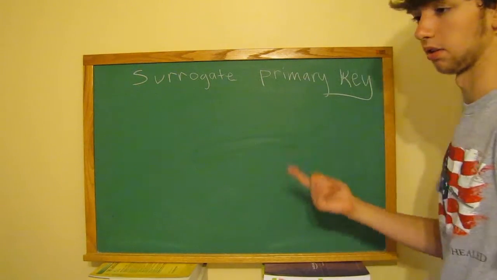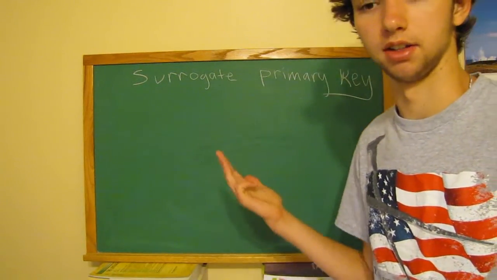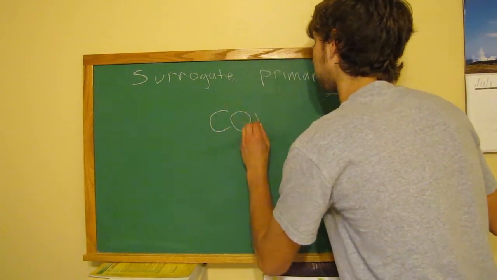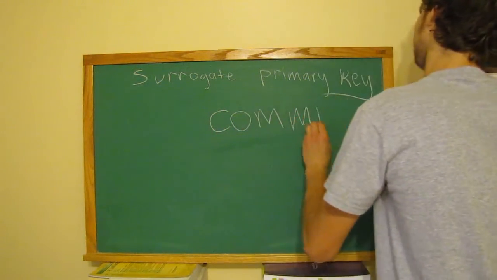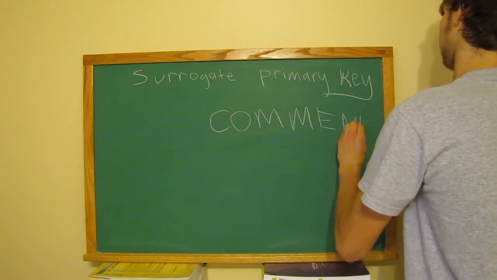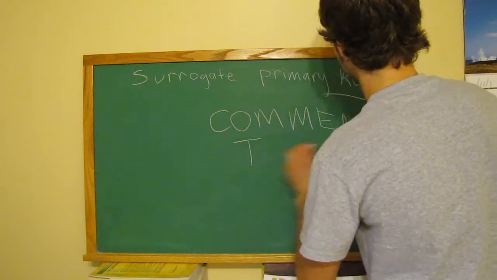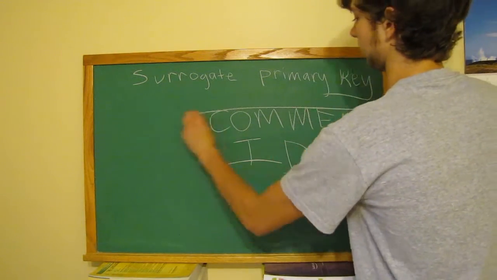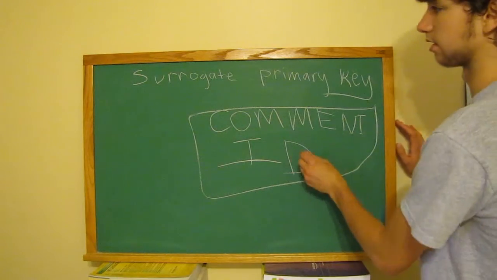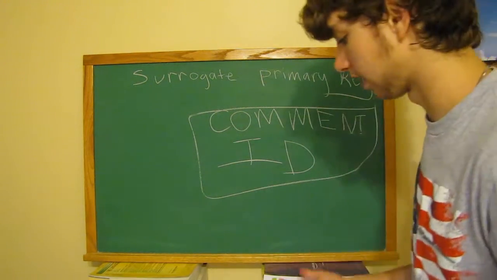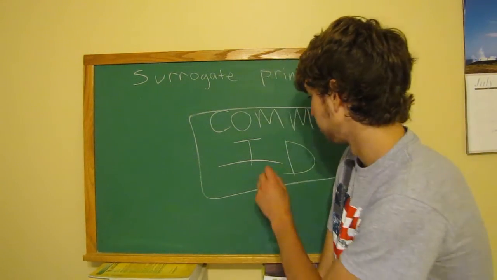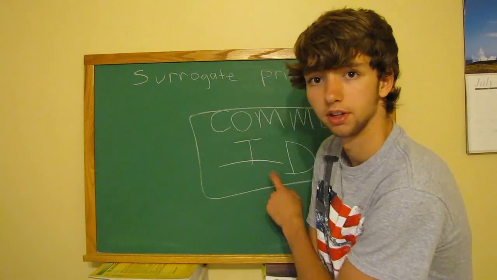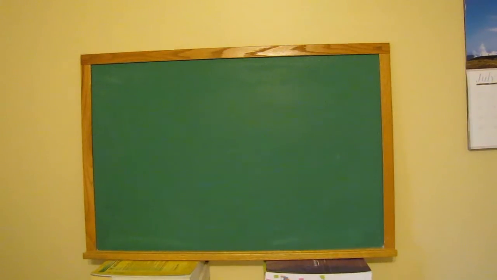So instead of having body, subject, and who it's from, you would have comment ID. This is a surrogate primary key. I say that because each comment isn't going to naturally have an ID. It has no purpose other than being a primary key.